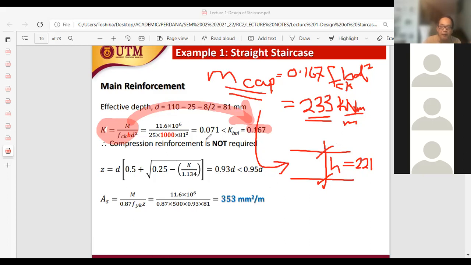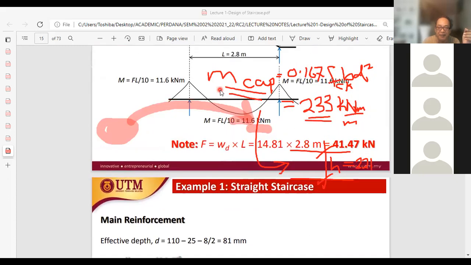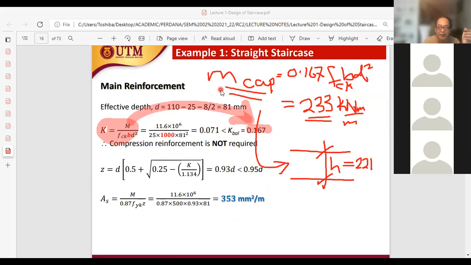So the applied moment is only 11 point something. 12 lah. 12 pun tak sampai 12 pun kan moment ni. 11.6. So the applied moment is very much less than the capacity. So it is singly reinforced. Unless the applied moment is 250 kilonewton meter, baru bermakna tertulang berganda, doubly reinforced.